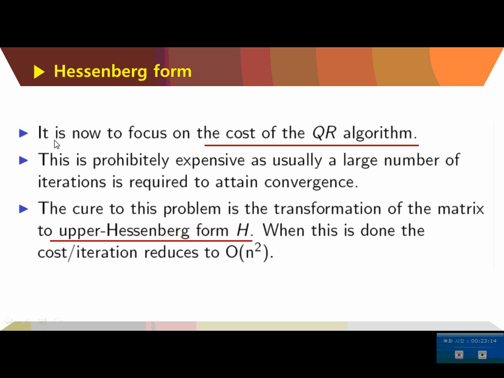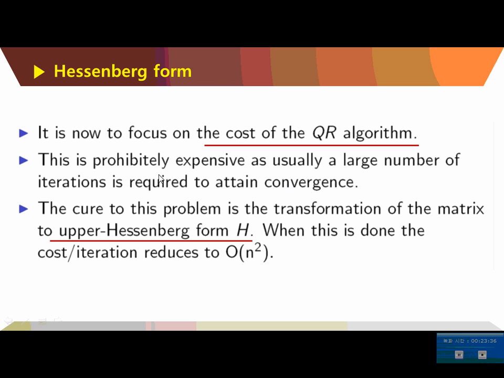Anyway, at the end, it is now time to focus on the cost of the QR algorithm. How much cost is needed to do those computations? This is very expensive, as usually a large number of iterations is required to attain convergence.